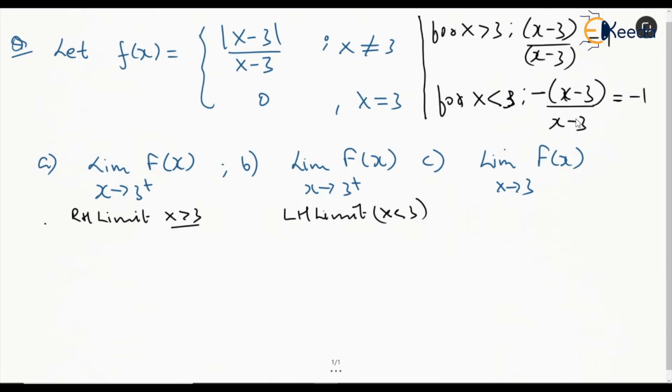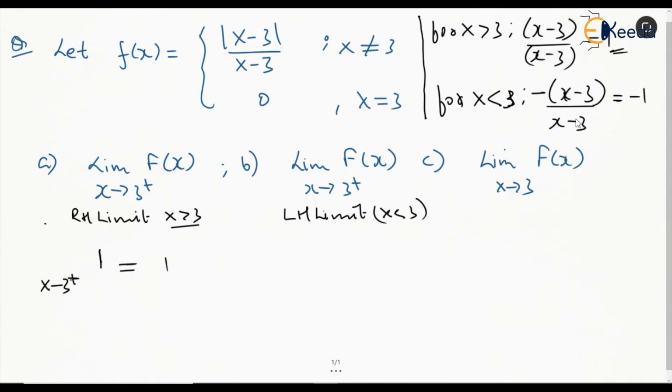So in that case, this function for x tends to 3 plus will become 1 for x tends to 3 plus. Right? We'll be considering this one. So this becomes 1 because it is a constant.